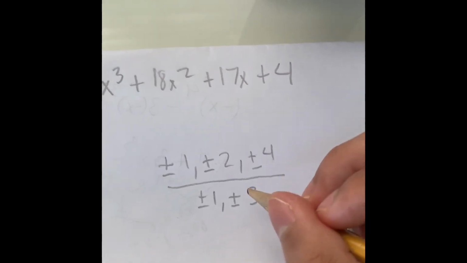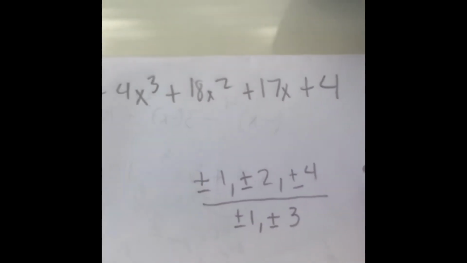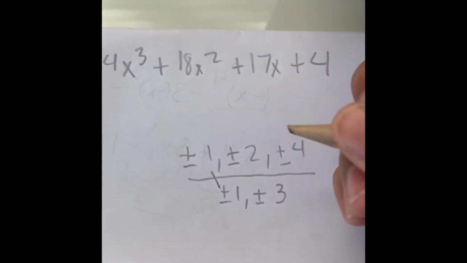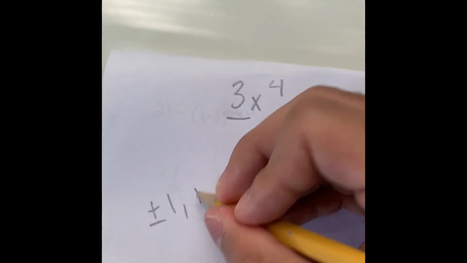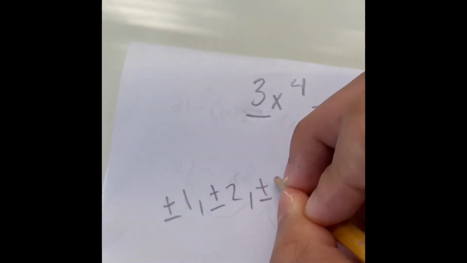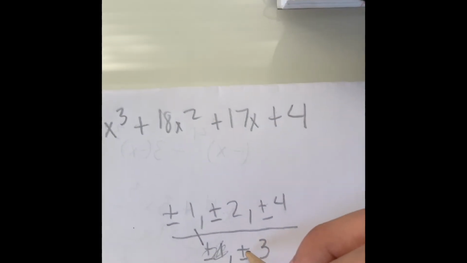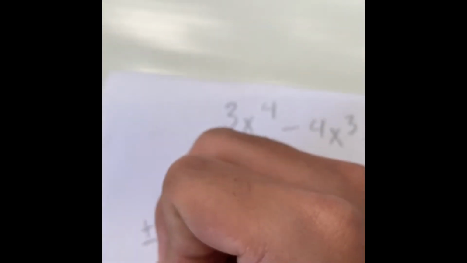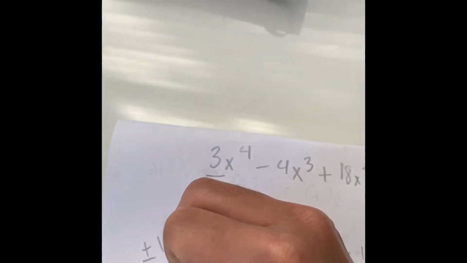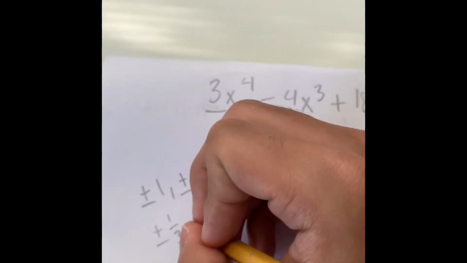Now what we do with this, we have to divide each of the numerators by the denominators. So we distribute it, basically. Let's start with 1. All of them are going to stay the same, so these are all possible solutions, like I previously stated. Now that 1 is over with, let's go to plus or minus 3. 1 divided by 3 is plus or minus 1/3. 2 divided by 3 is plus or minus 2/3.